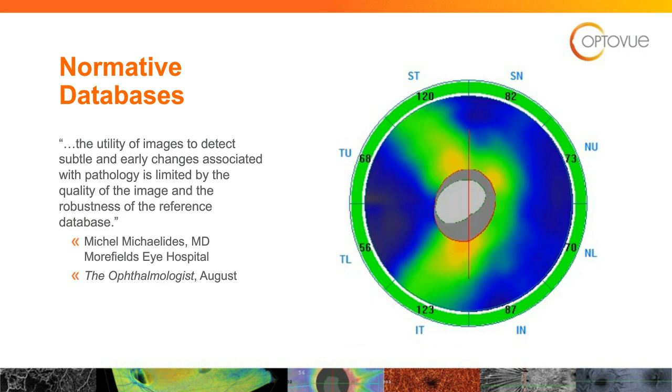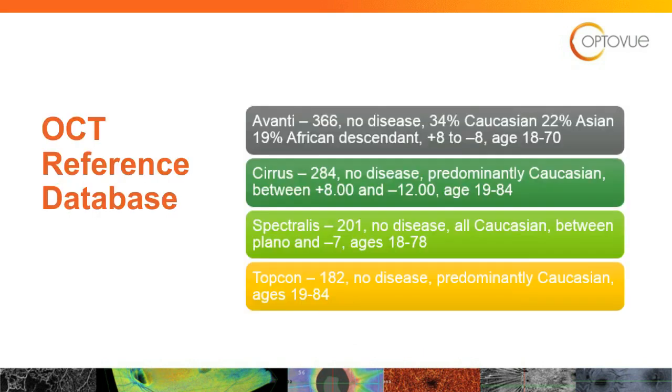So when we talk about the normative database, here are the databases that we're making these comparisons to. We have TopCon at the bottom, Spectralis, Cirrus, and Avanti. And if there are any OptiView users, that database is 499. We see that all of the databases contain a certain number of patients, a certain number of refractive errors, and a certain number of different races.